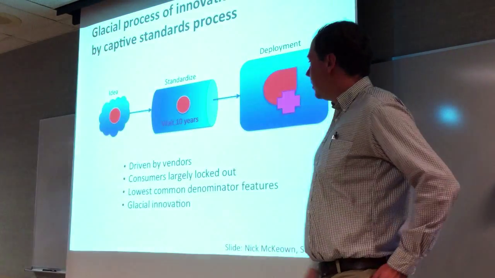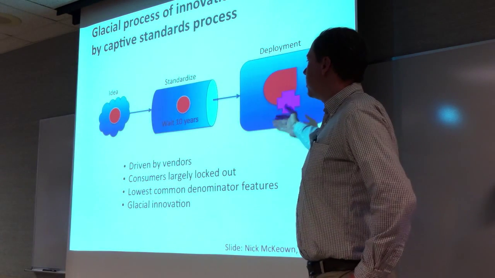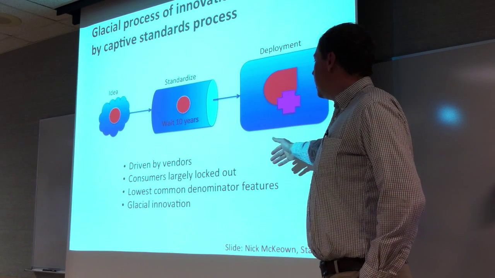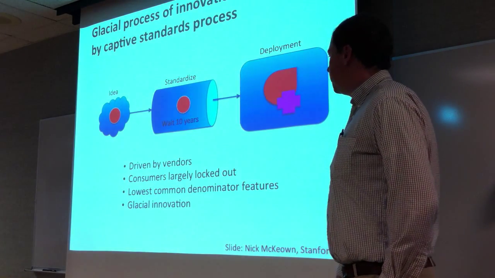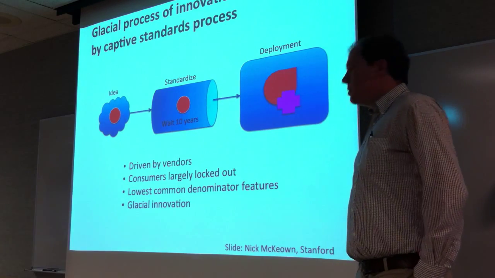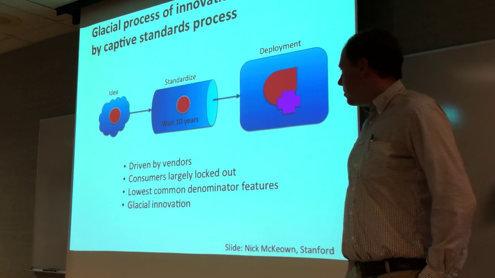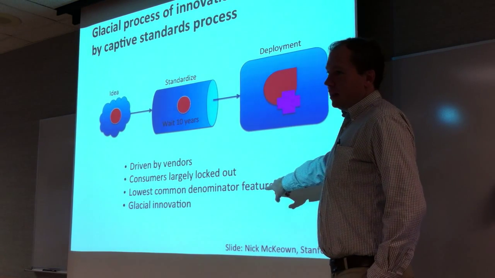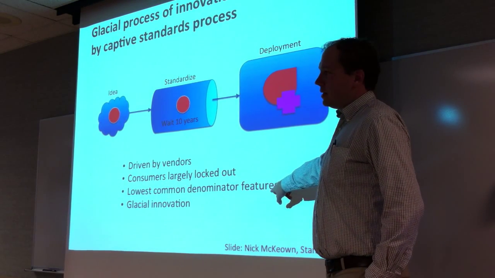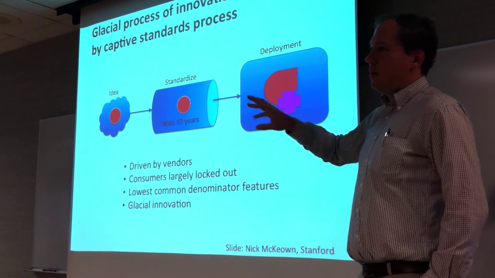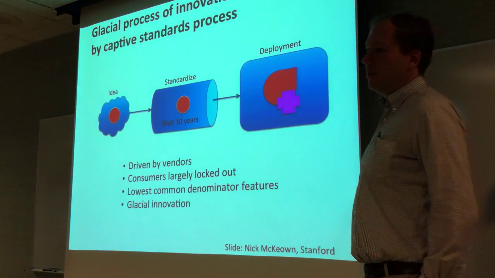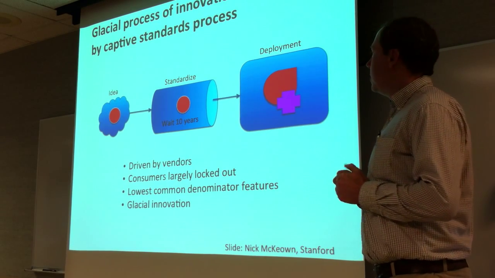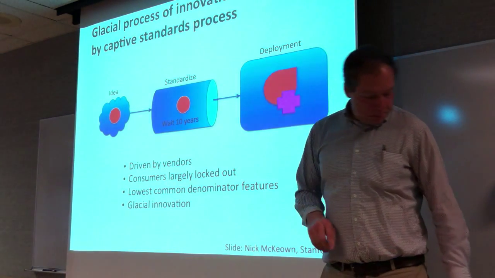If you're not a Cisco or a Juniper or somebody like that, it ain't happening. Innovation, not really ever going to happen. Lowest common denominator features. You can go rattle chains, and unless you are one voice of a lot of people, the vendors are not going to listen to your needs.